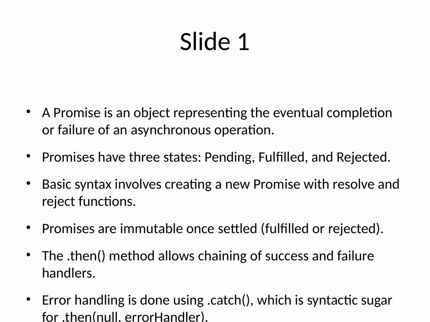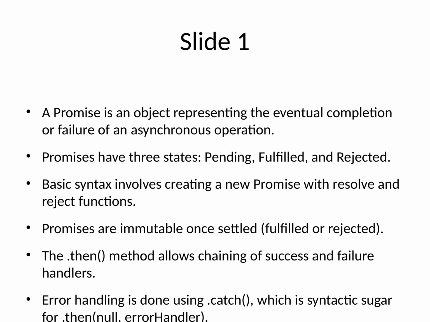To handle errors, the catch method is used. This method is essentially shorthand for then(null, errorHandler), and ensures that errors are caught and managed properly, avoiding unhandled rejections. Another useful method is finally, which runs regardless of whether the promise is fulfilled or rejected.